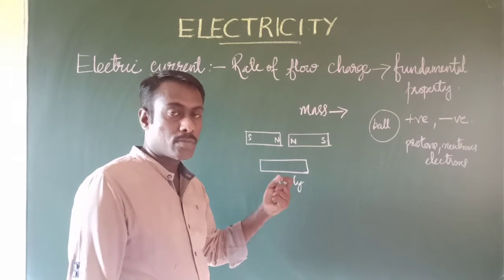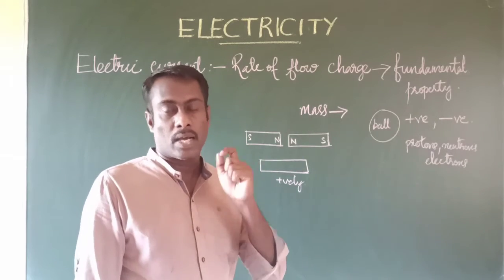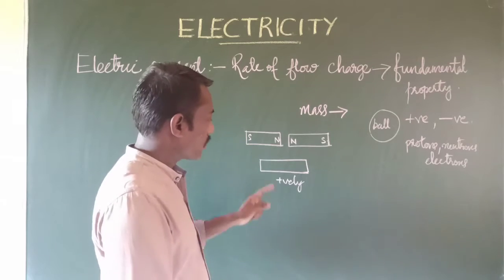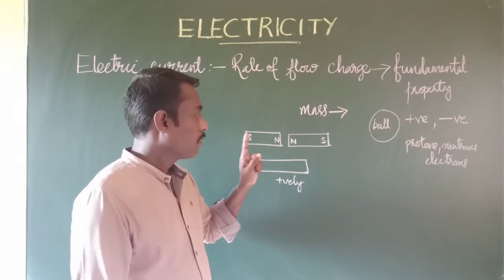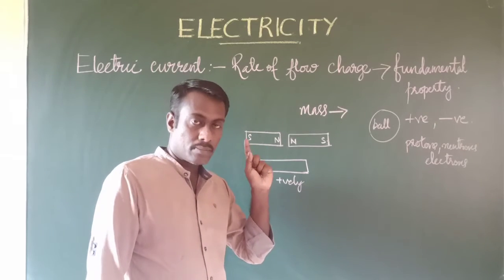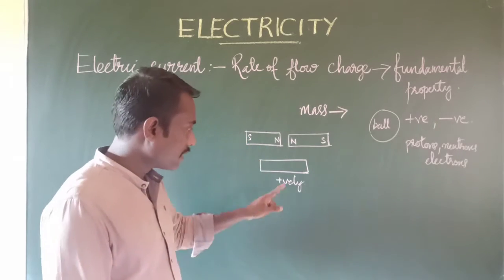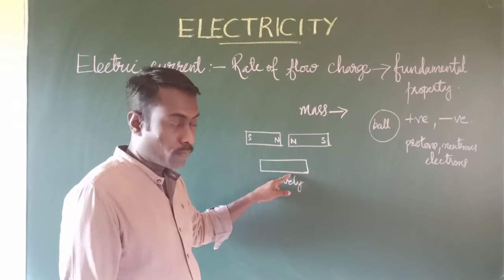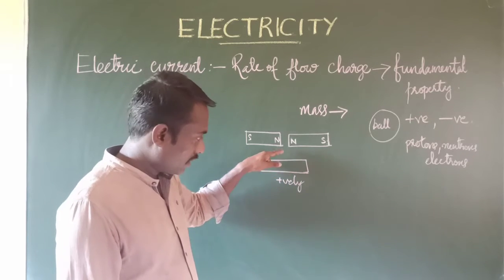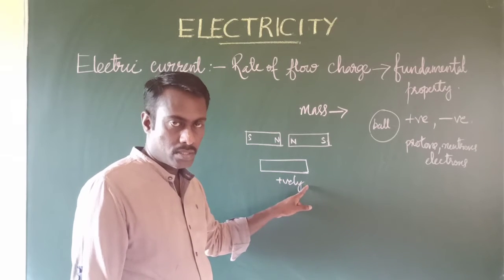The plastic rod is made of atoms of plastic, so negatively charged particles, the electrons, are there, and positively charged particles, the protons, are there. But in this particular case, the number of protons is more. That is why this rod is positively charged.